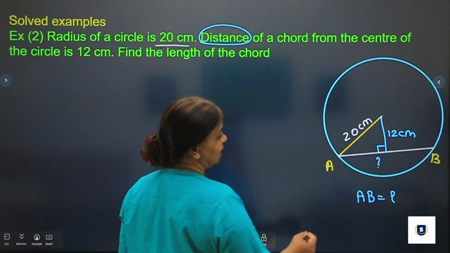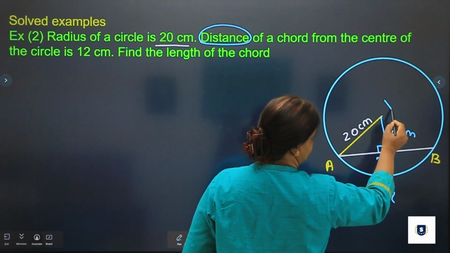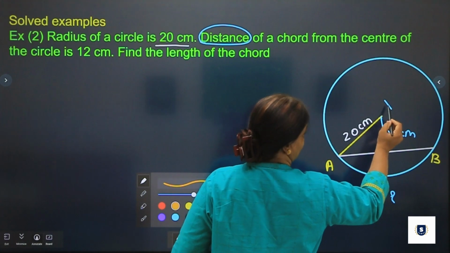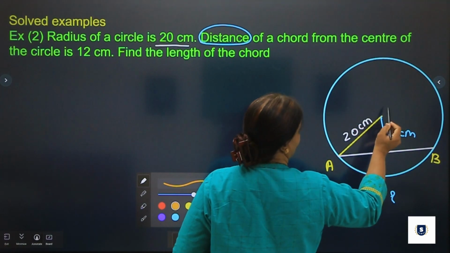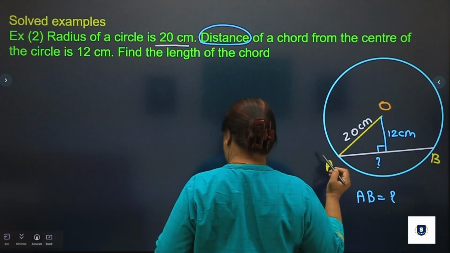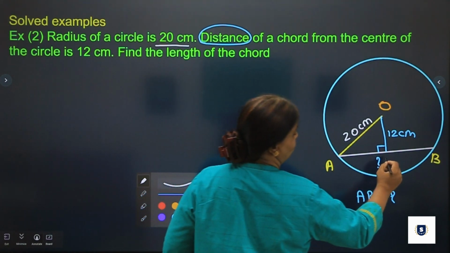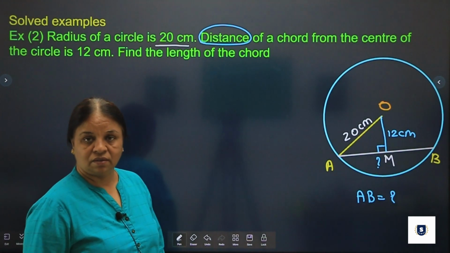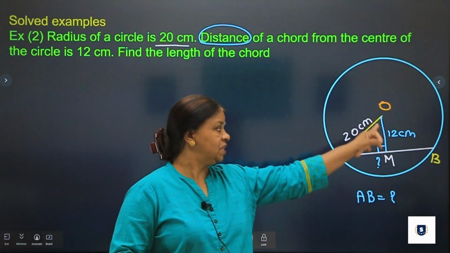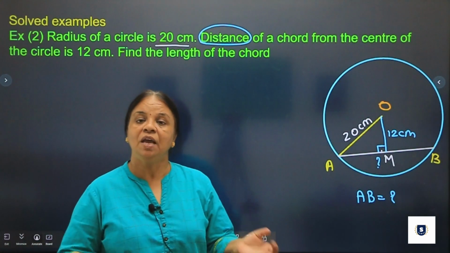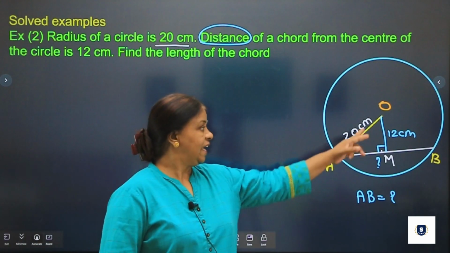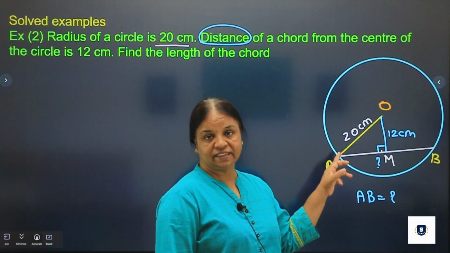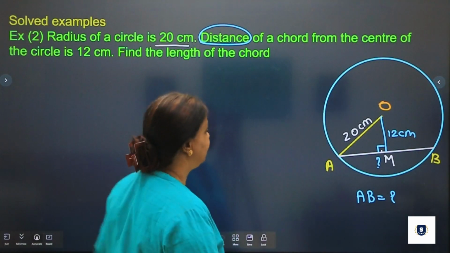So let me say the center of the circle is O and OM will be perpendicular to AB. See, if a line is drawn from the center to the chord, that line will be perpendicular to the chord. And if that line is perpendicular to the chord, then this triangle will be a right angle triangle. Clear? So let's begin with the solution.